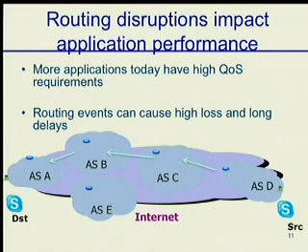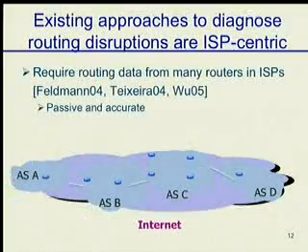So the question is, we can monitor these kind of routing events, but we don't necessarily understand what routing events cause what kind of data plane changes, which can have high impact on application performance. So for example, this is a simple route, and maybe there's some congestion happening along this path, and this router is going to experience a session timeout, and as a result, the packet may reroute.